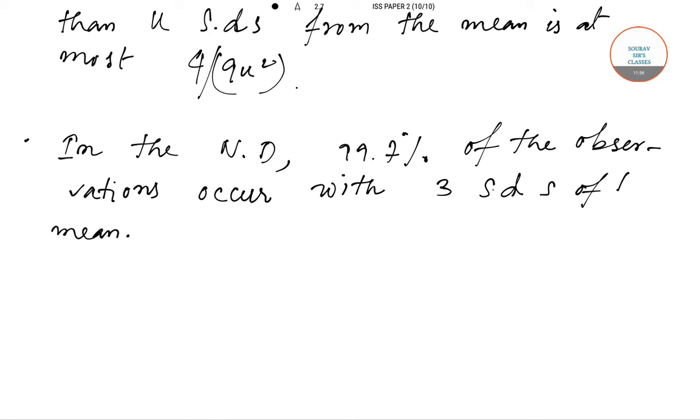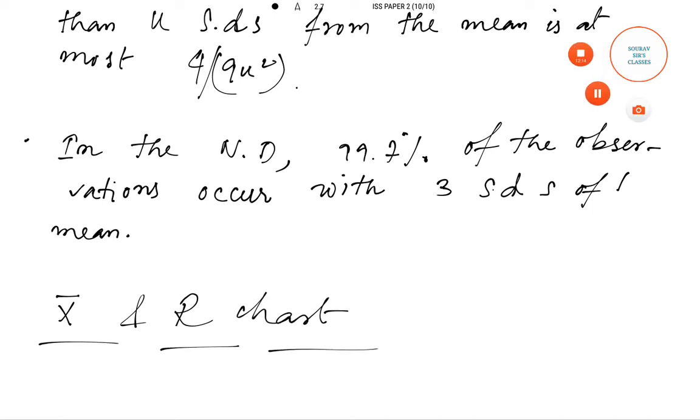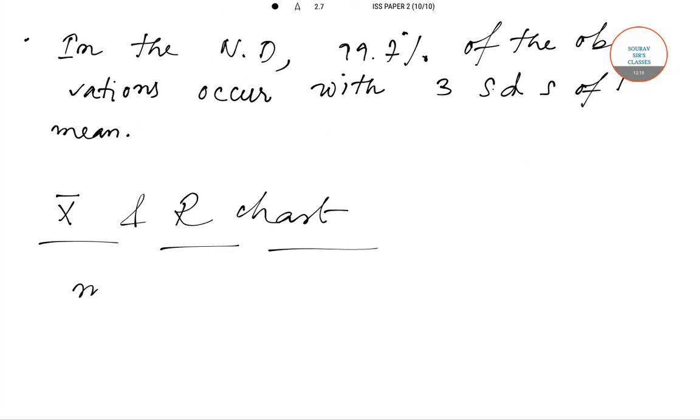Now I'll be talking about different control charts like X and R chart, X and S chart. So let's start with that. First I'll be talking about X bar and R chart. X bar and R charts are also known as mean and range charts.